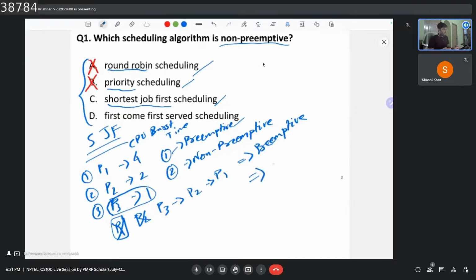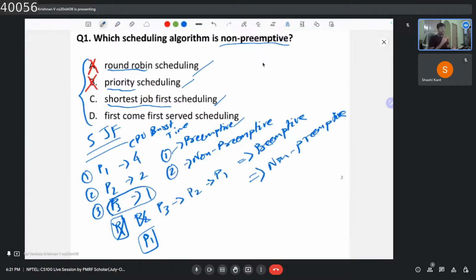In a non-preemptive version, instead of the currently executing process getting preempted, say P1 is currently executing, and when P2 arrives onto the ready queue, it doesn't preempt P1 even though P2 has a shorter CPU burst time.